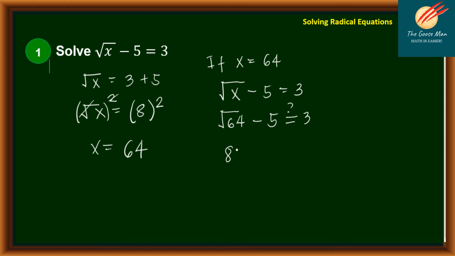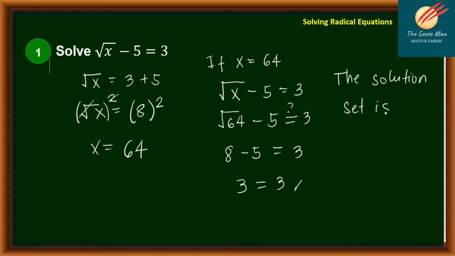So we have 8 minus 5 is equal to 3. So we can say that 3 is equal to 3, and this is correct. So therefore, we can say that the solution set is equal to 64. So this is for item number 1.